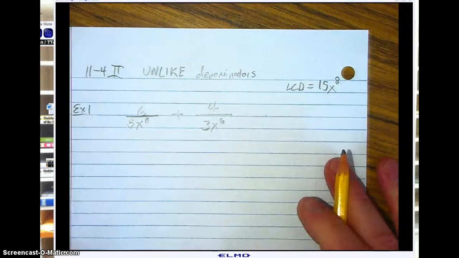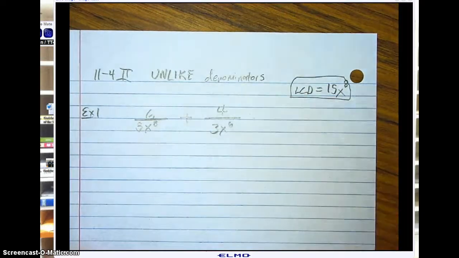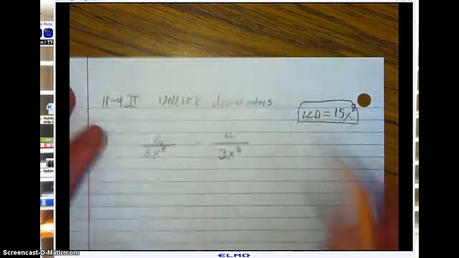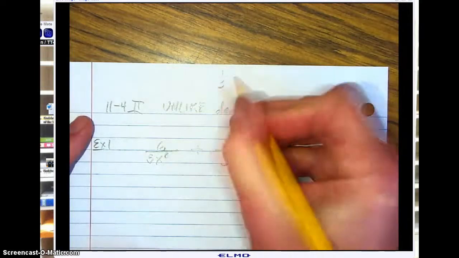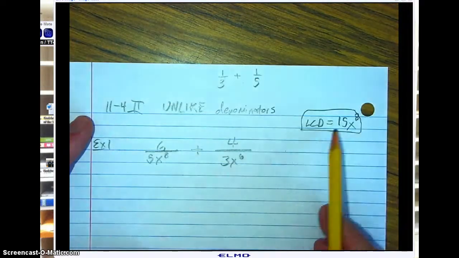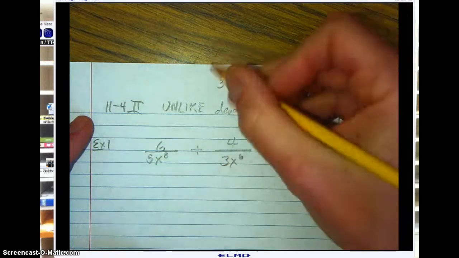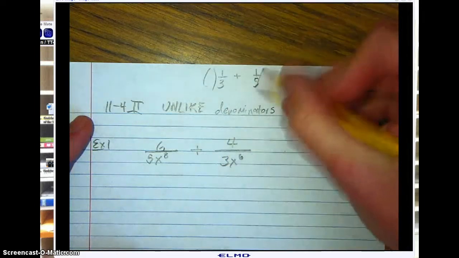Now, since neither one of these has the denominator that we want, we've got to do something about it. And let's go back in time. If I said 1/3 plus 1/5, that common denominator 15 is true for this simple fraction. Well, what do you actually do to change it to get it to be the denominator?